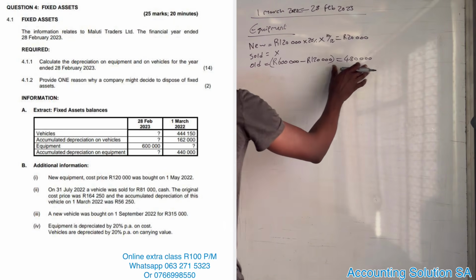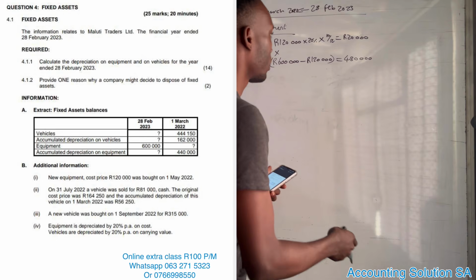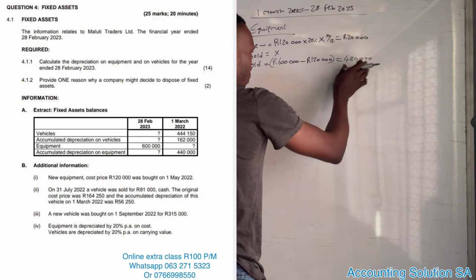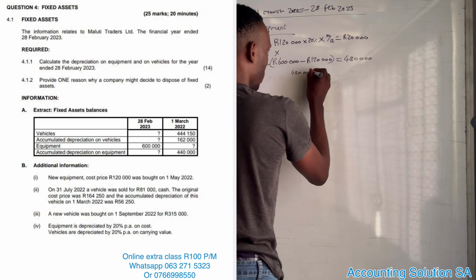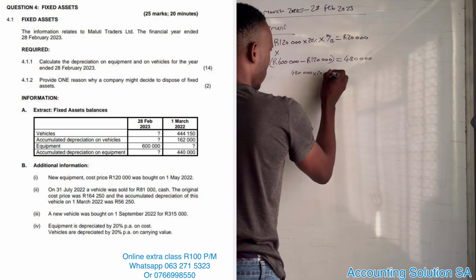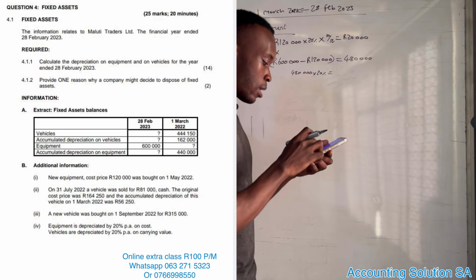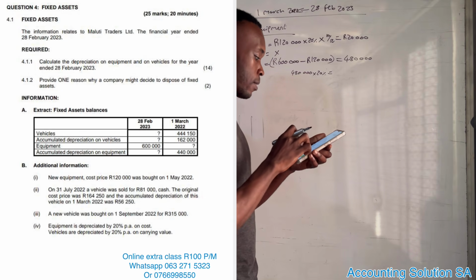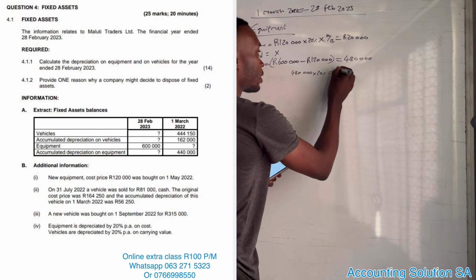Okay, now the accumulated, guys, must not exceed the cost price, because you can't have a negative value. 480,000 multiplied by 20%, how much are you going to get? Remember, it's the old one, you don't count months. If you do this, guys, you are going to get 96,000.